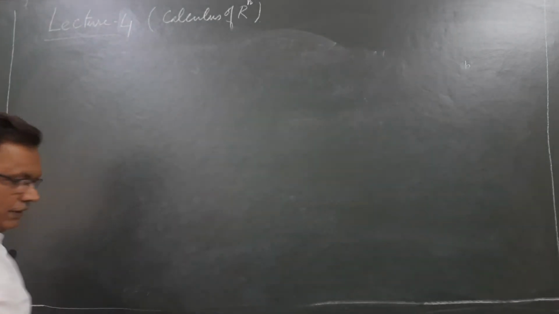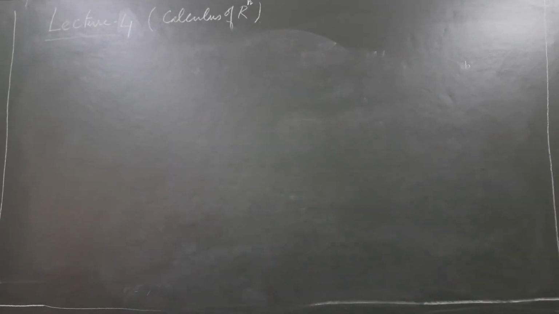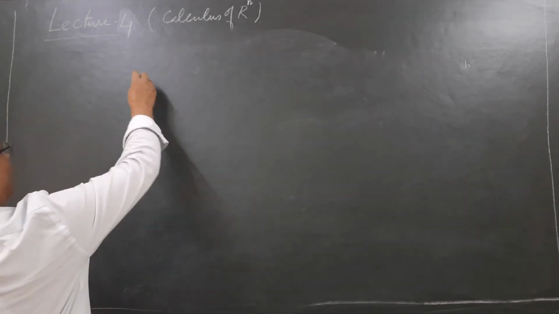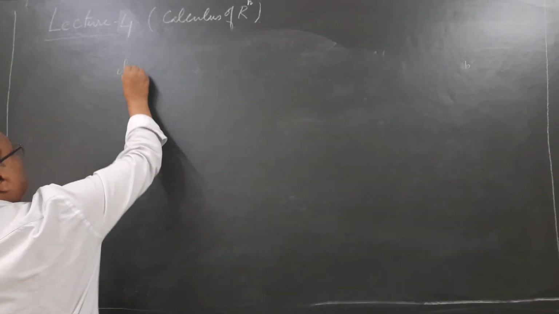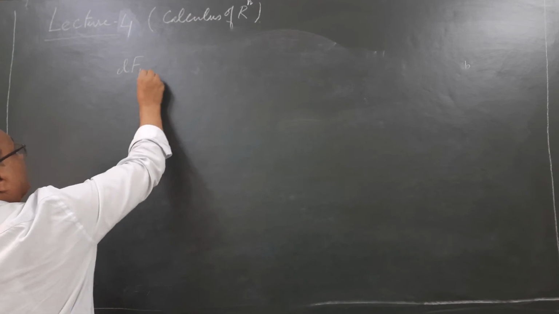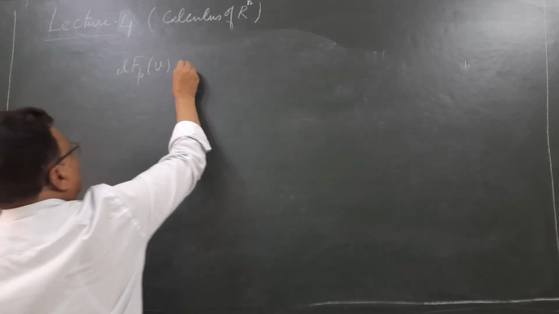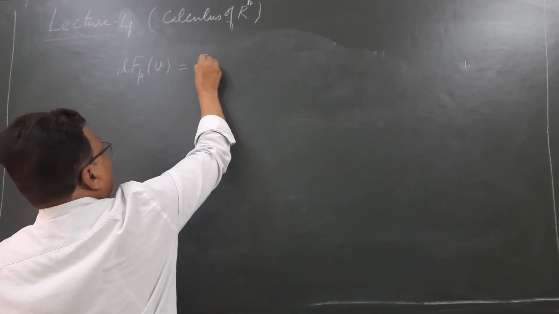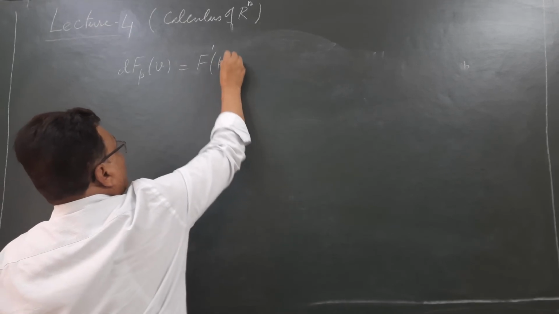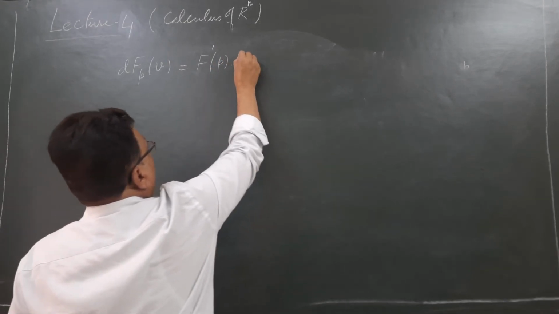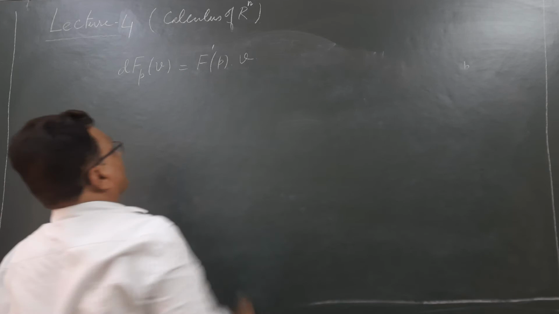So let me write down the relations that we have in hand. The first relation in terms of the differential of f is f dash p into V. Okay.